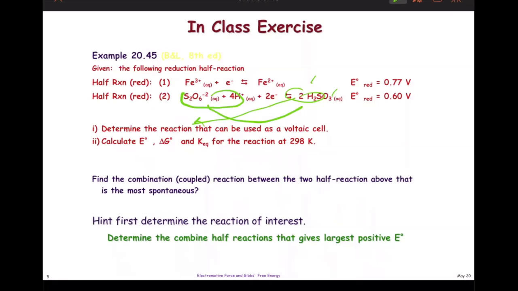And in the process of reversing 2, I make that a negative 0.60, because when you make a reduction an oxidation, you also switch the sign.